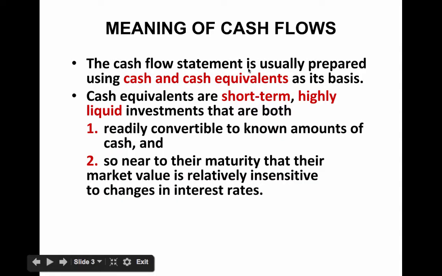So the cash flow statement is usually prepared using cash and cash equivalents. We haven't talked a lot about cash equivalents in this course, but cash equivalents are things like short-term, highly liquid investments. So these are things that the company has purchased to put their cash into rather than just leaving their cash in a bank account not earning a lot of money. So it's a good idea if you have money in your company not to just leave it in the bank account.